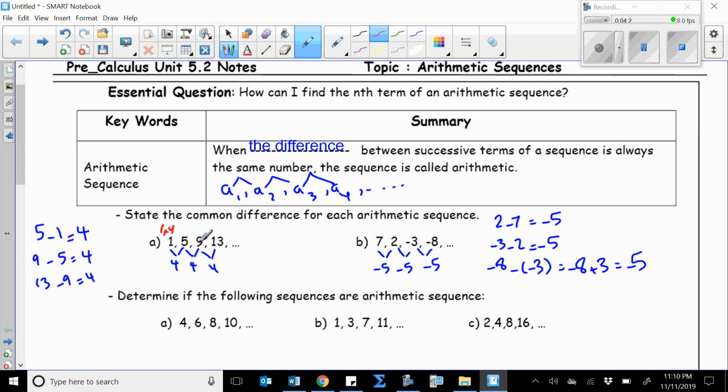To get 9, you just need to add 4 to the 5. So 5 plus 4 is 9. To get the next one, you add 4 to 9. So 9 plus 4 is 13. The next term will be 13 plus 4, which is 17. Then 17 plus 4, which will be 21.